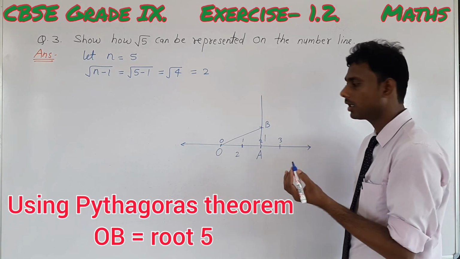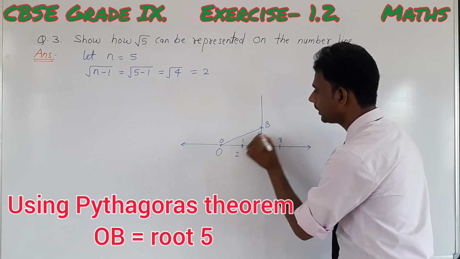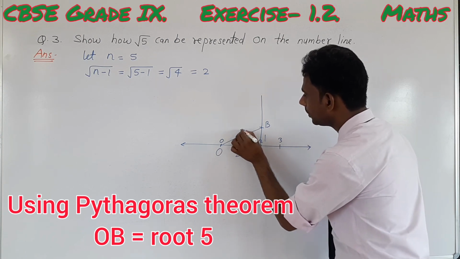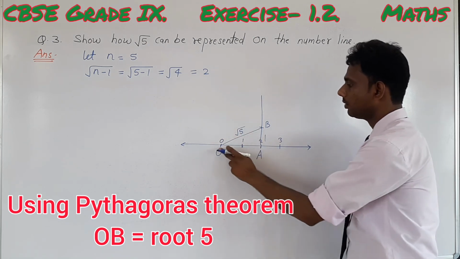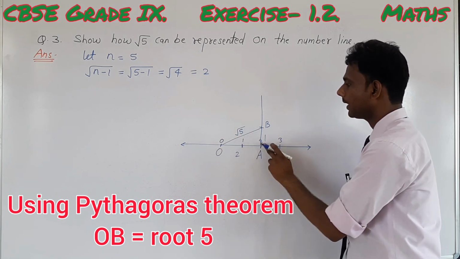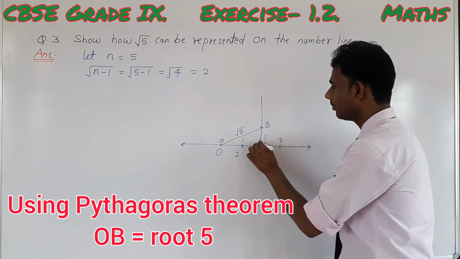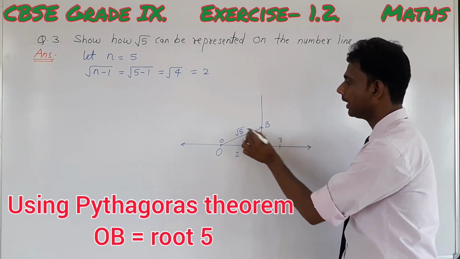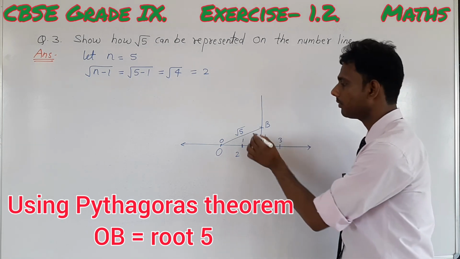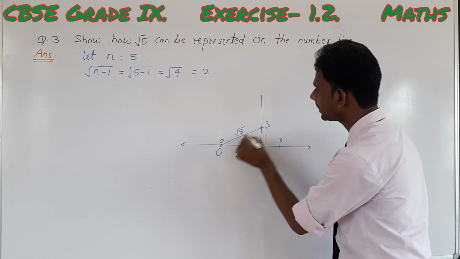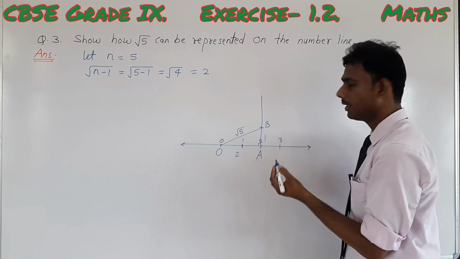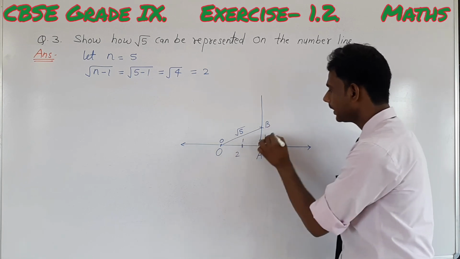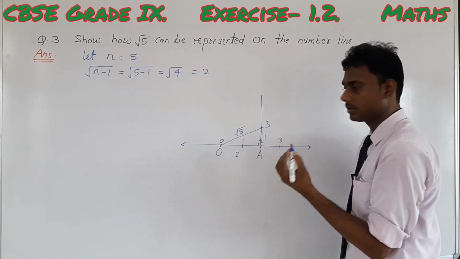Using Pythagoras theorem, we get OB is equal to root 5, because OA square 2 square 4, AB square 1 square 1, 4 plus 1 is 5, square root of 5. This length OB represents root 5, but we have to represent this length on the number line.